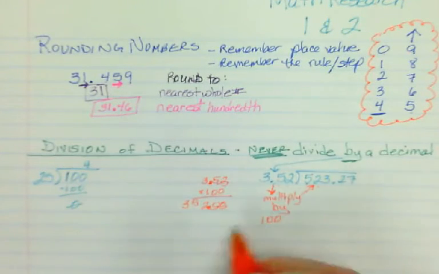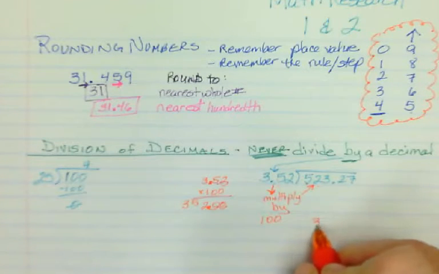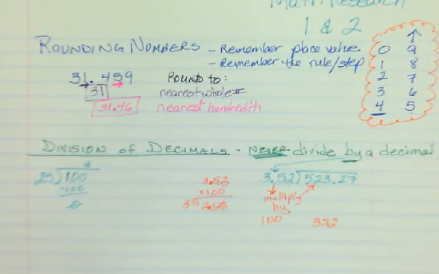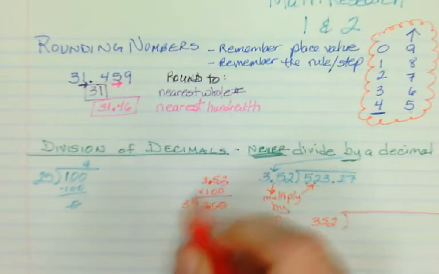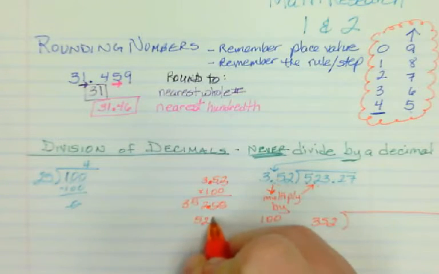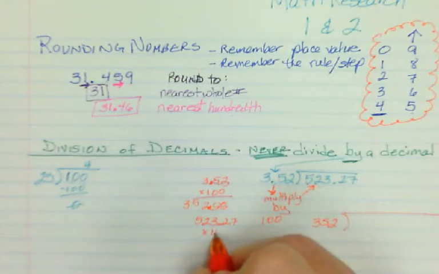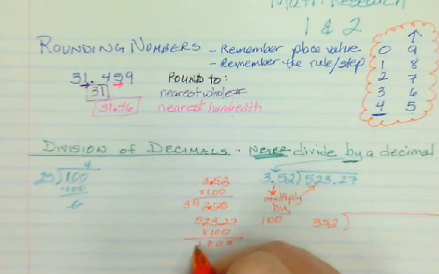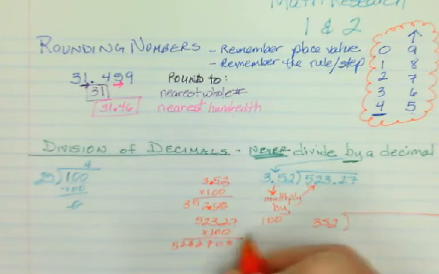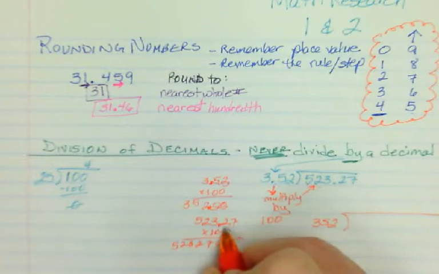Oh look, now I've got 352. And then I'm going to take this one, 523 and 27 hundredths times 100. And then I've got my 1, 2 places here.